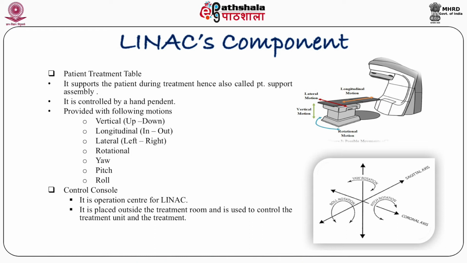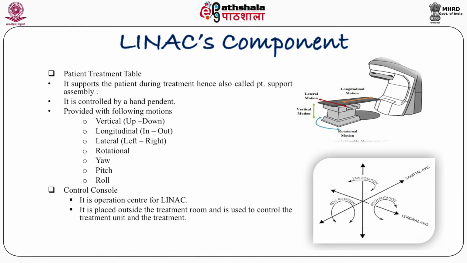It is controlled by a hand control pendant provided with various types of movement: vertical up and down, longitudinal in and out, lateral left and right, and rotational movement about its axis. Then the control console. It is the operation center for LINAC.